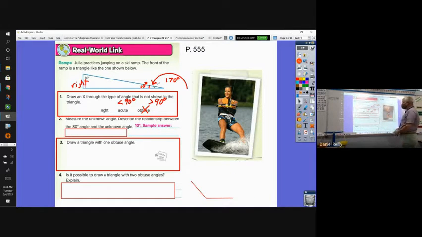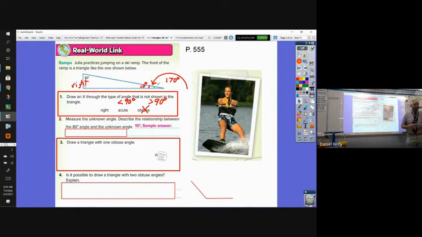What is the relationship between this angle and this 80-degree angle? What is the relationship between this angle, unknown angle, and this 80-degree angle? What are they? They are what? Read. Acute. They're both acute, but the two of them together, one is 10 and one is 80. 90.